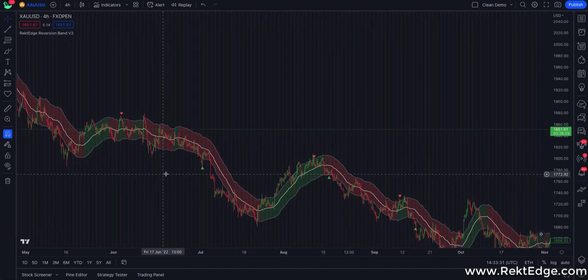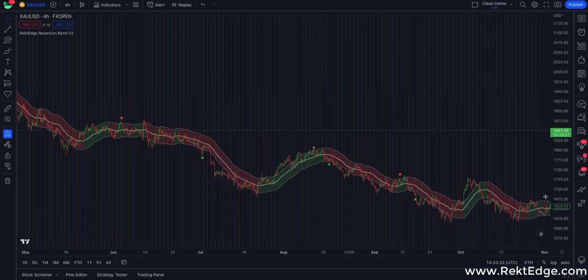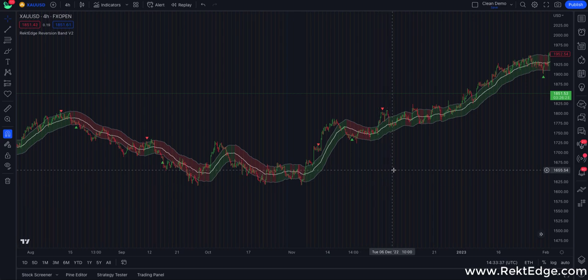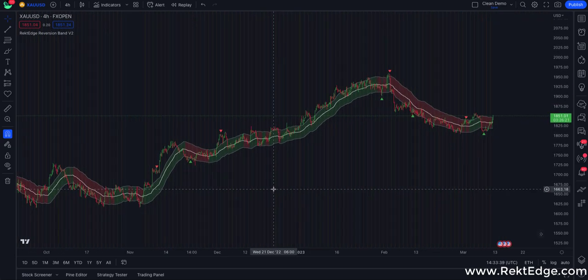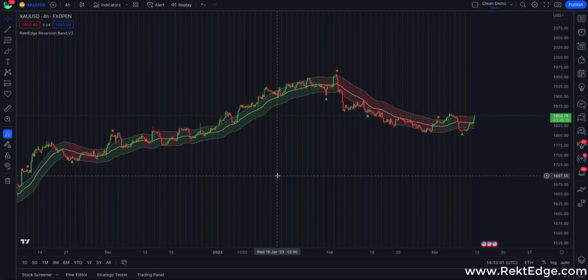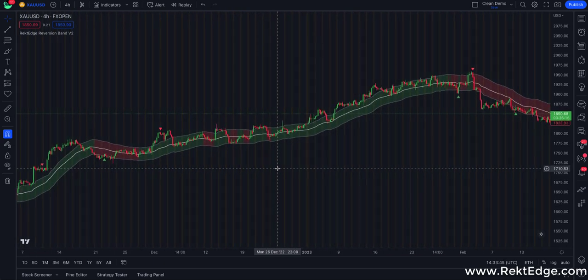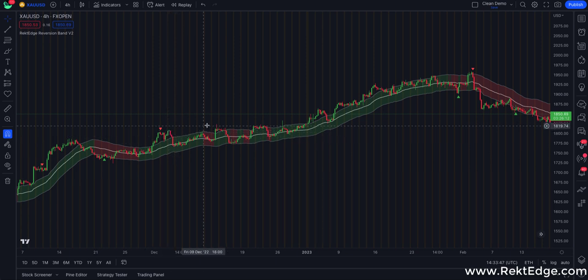As there aren't too many signals on gold currently, strong signals where the trend and the signal both align, let's just take a look at how the price interacts with the different points of the band when we're in a ranging environment like right here.